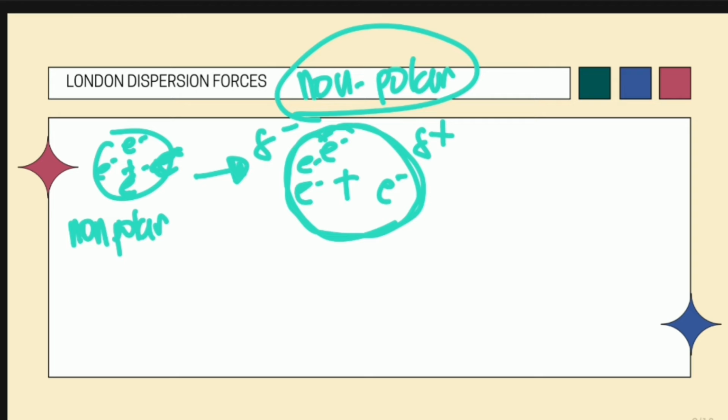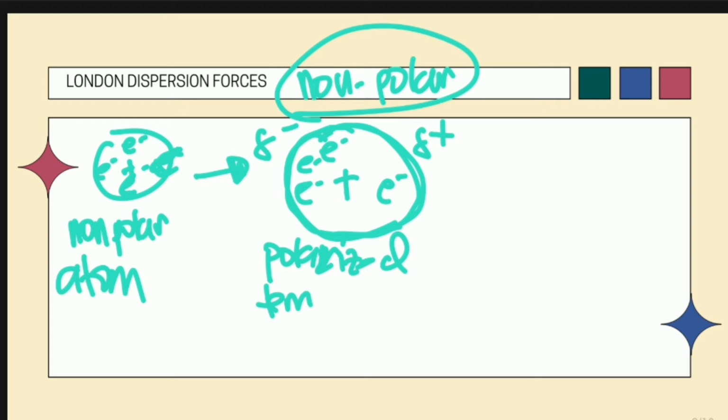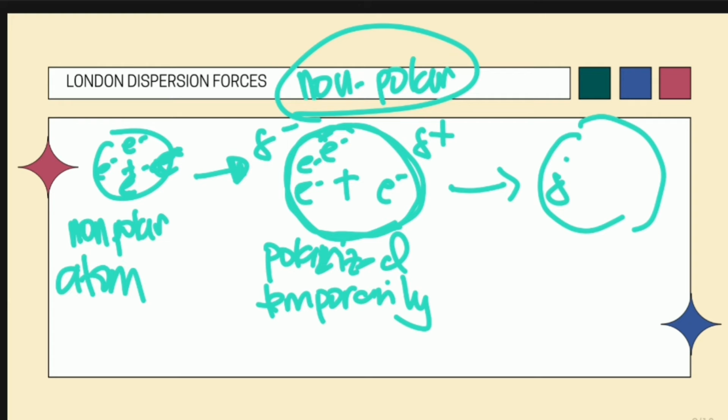area doon sa atom. So, yung isang side ng atom magiging partially negative, tapos yung side na walang masyadong electron magiging partially positive. Non-polar atom to, hindi non-polar molecule, non-polar atom. So, magiging tawag na natin sa atom nito is an atom that is polarized temporarily. Ayan. So, magiging resulta niya, magkakaroon tayo ng partially negative sa side na to, partially positive.